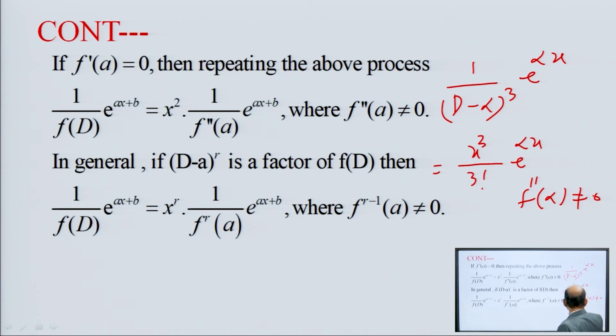We differentiate 3 times, the second derivative 2 times, and we get (D minus alpha) 3 times, when f double dash is not equal to 0, that is, the third derivative is not equal to 0.